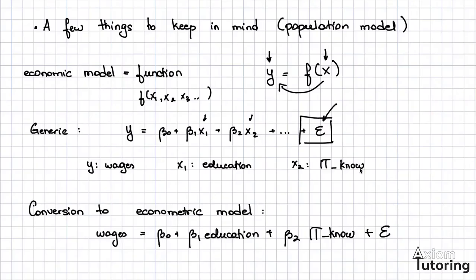The other thing that you have to be aware of is that what is going to give us the relation, or some sort of measure of what kind of relation exists between wages and education or wages and IT, is included in these betas.